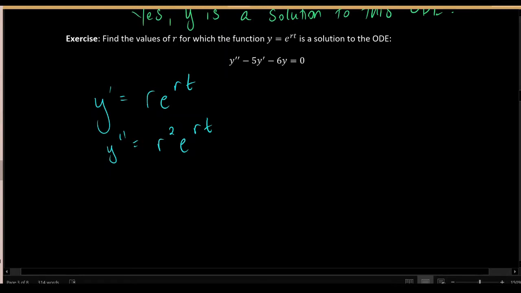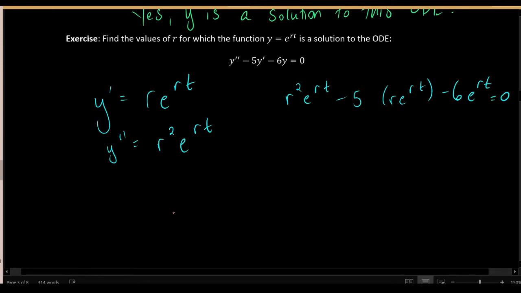So now let's plug that information into this equation. Y double prime was r squared e to the rt, minus 5 times y prime, which is r e to the rt, minus 6 times y, which is e to the rt, and that has got to be equal to 0.